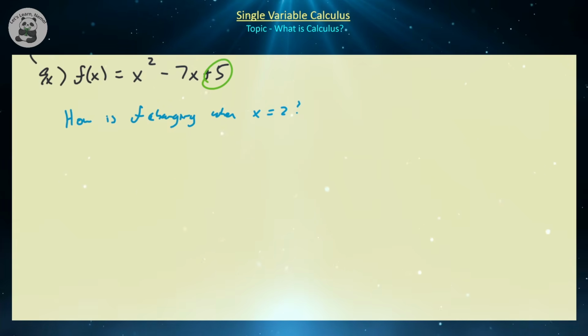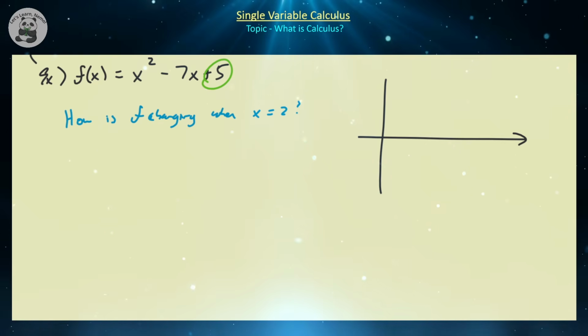Or something else? So, if we were to graph this out, let's just do a quick sketch to get an idea. One can show that the vertex of this parabola is located at about 3.5. And since the vertical intercept is located at (0, 5), this parabola is going to look like this.